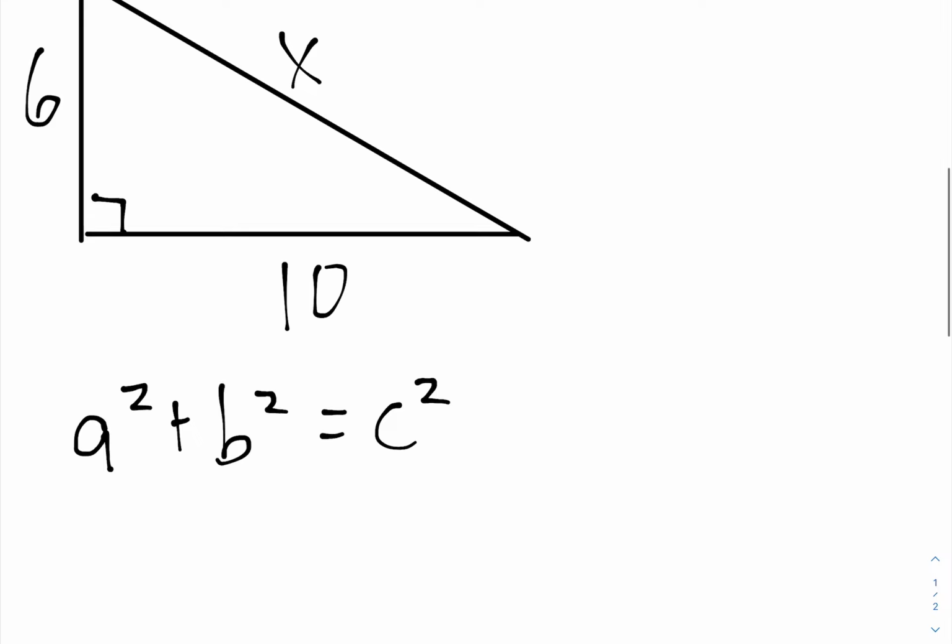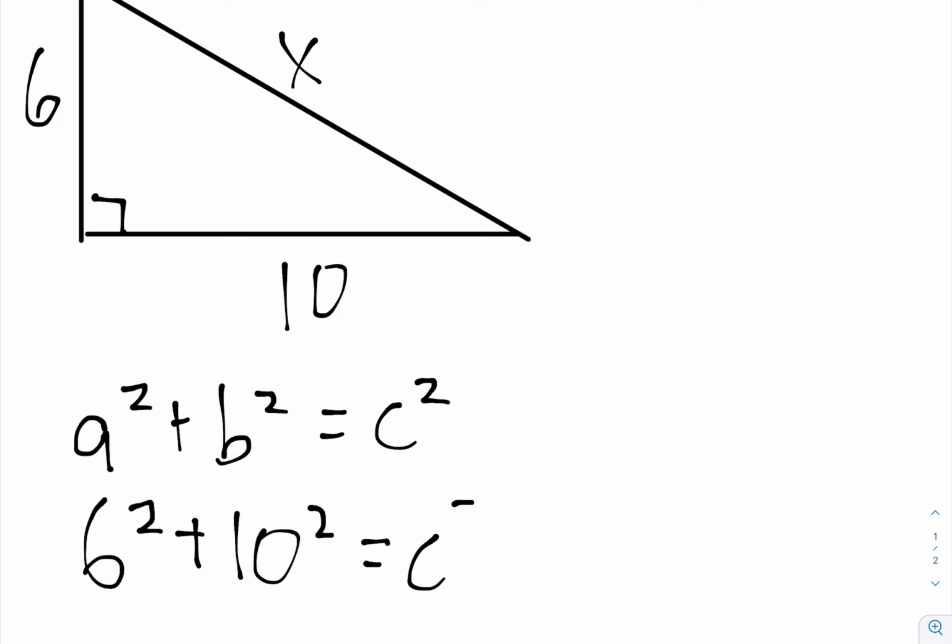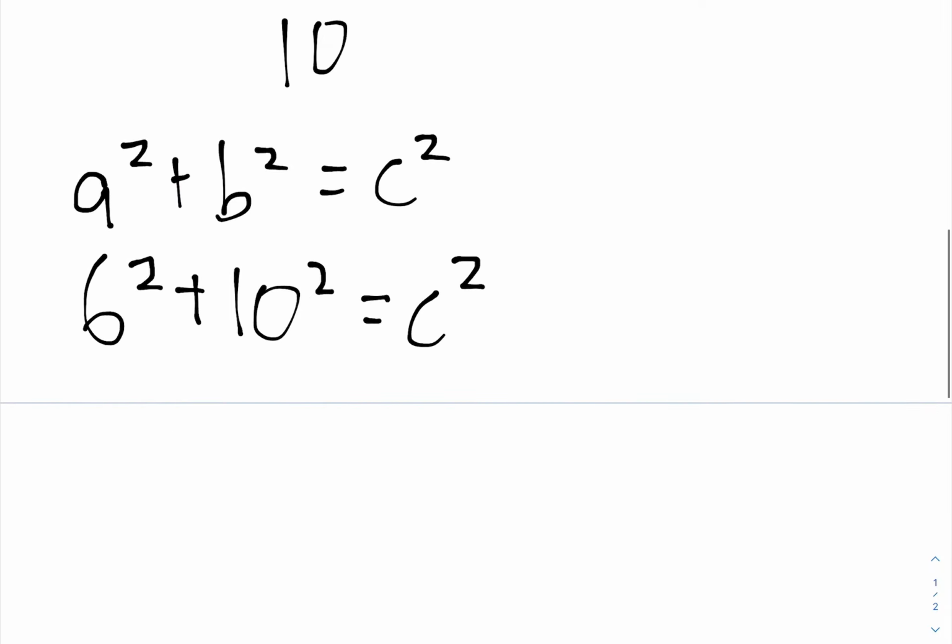What we don't know is c squared, because x is our c, our hypotenuse. We know a is 6 and b is 10, so 6 squared plus 10 squared equals c squared. Notice how I didn't plug anything in for c because I don't know what it is. That's what our x is, that's what we're trying to find.